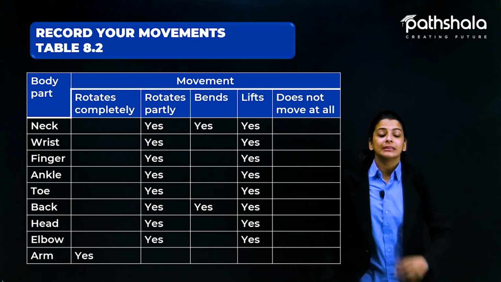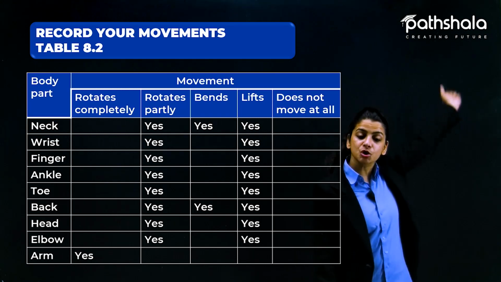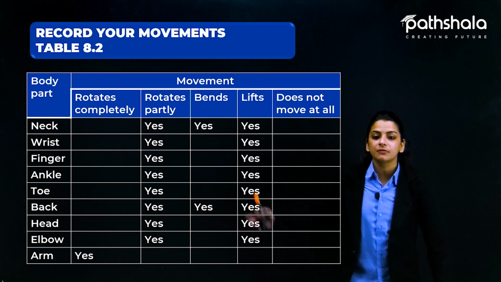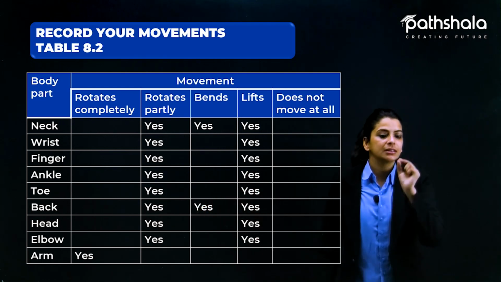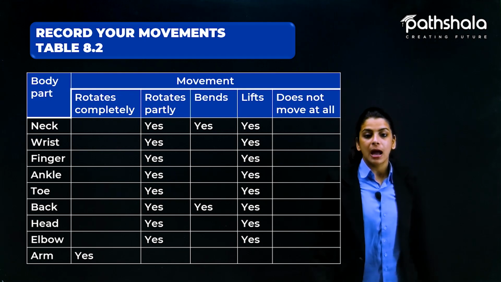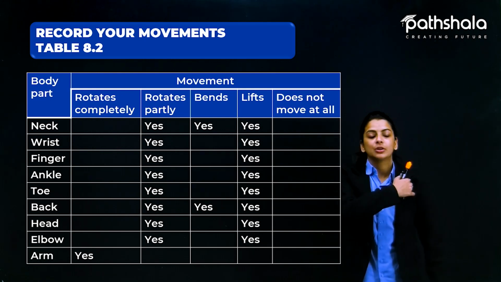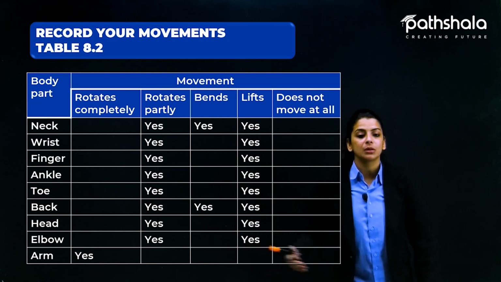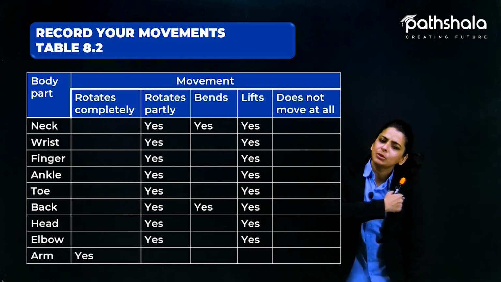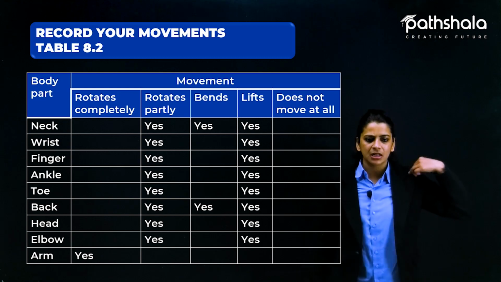Yeah, so that is the complete movement that my arm is showing. So here in the first column, as you can see, that I have written that it can rotate completely. So it is true. But in case of arm, rotate partly तो नहीं कर रहा है, it is rotating completely. So rotate partly वाले column में we'll write nothing. Are you able to bend this part? Arm is starting from here.